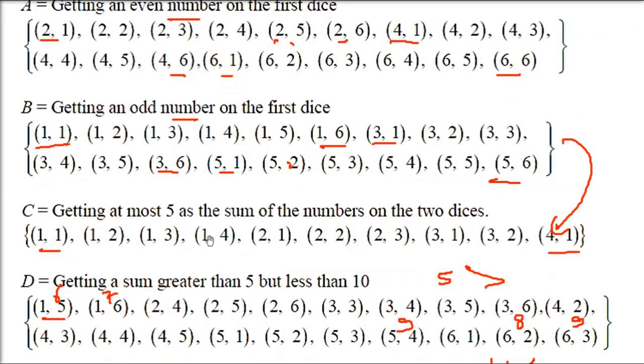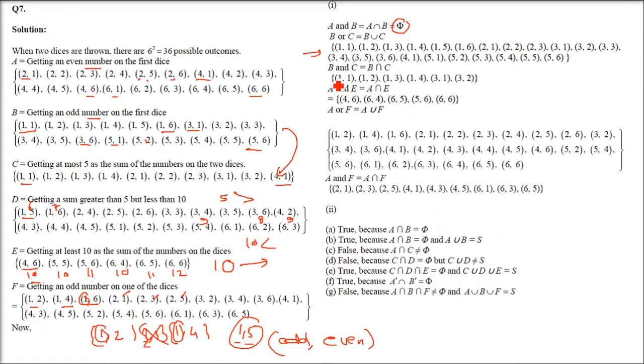For example, 1, 2 is common, 1, 3 is common, like this. So take the common of B and C. What are you going to get? 1, 1, 1, 2, 1, 3, 1, 4, 3, 1, 3, 2. This is the intersection of B and C.